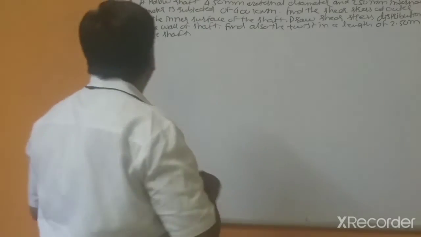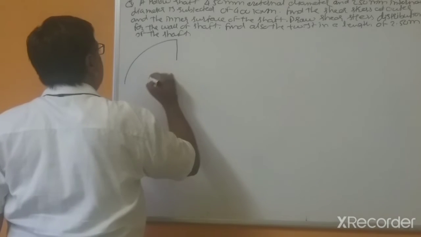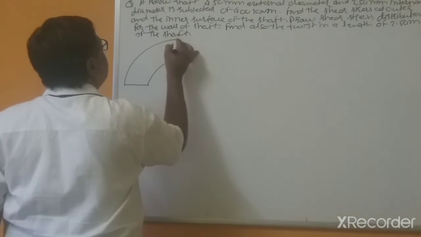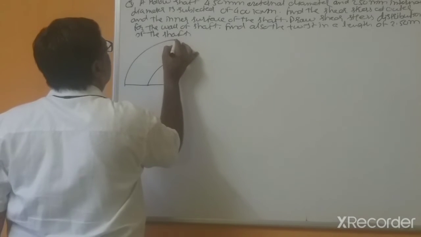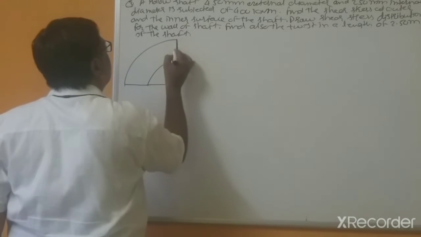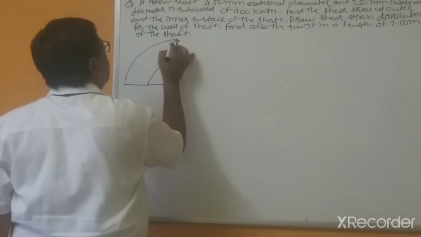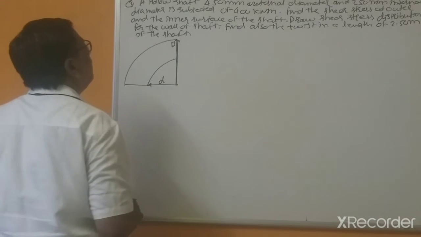So this is the quarter, this is capital D and this is small d.